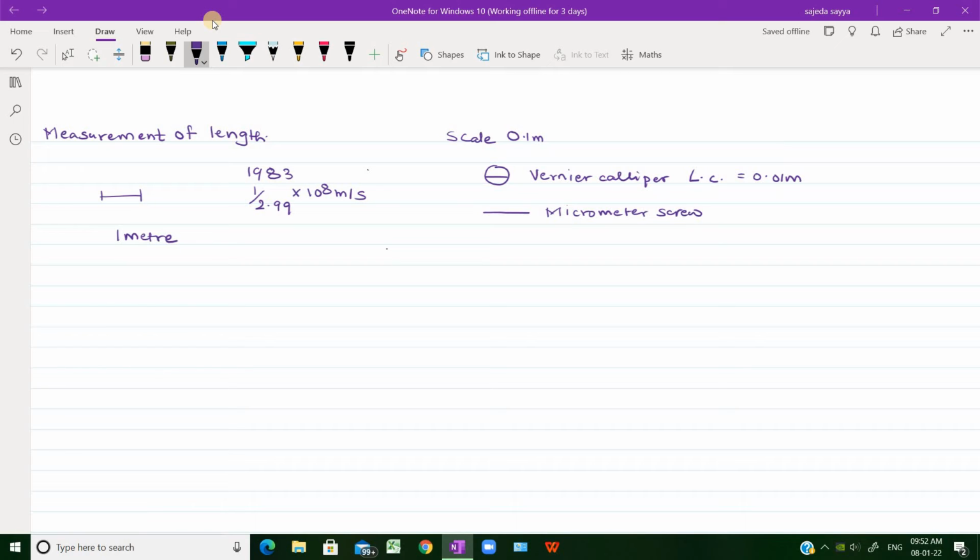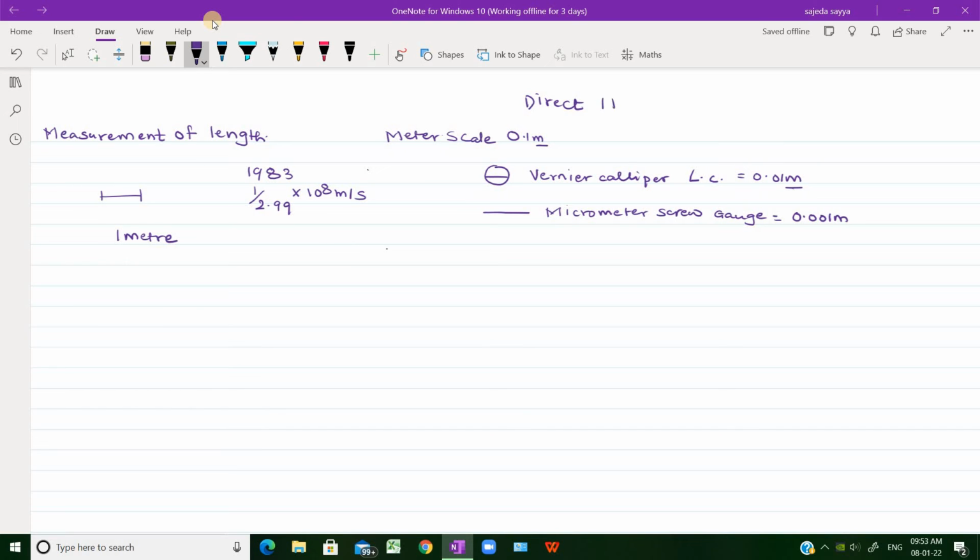So, these are the instruments, this is the meter scale, with the help of which we can directly measure distances in terms of a standard, that is the meter. The least count of the micrometer screw gauge is 0.001 meter. These are the smallest measurements that can be done with the direct method.